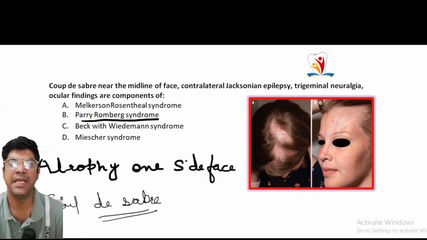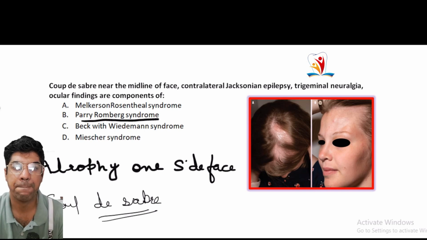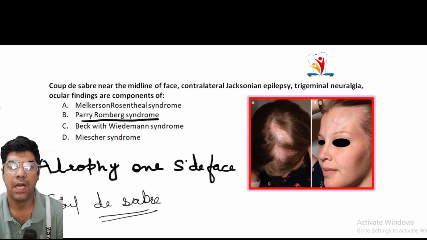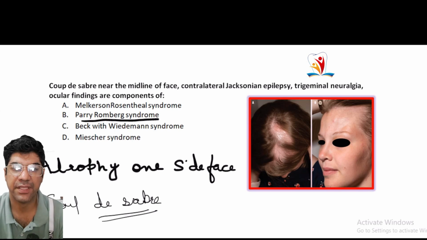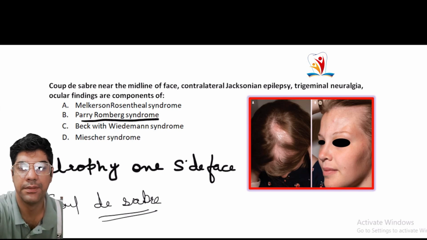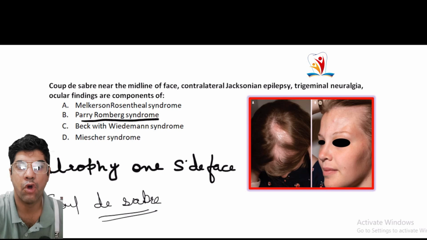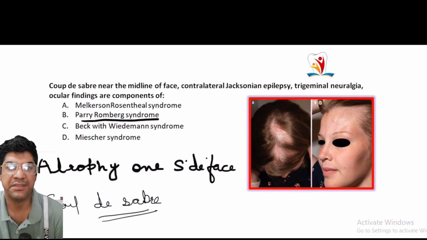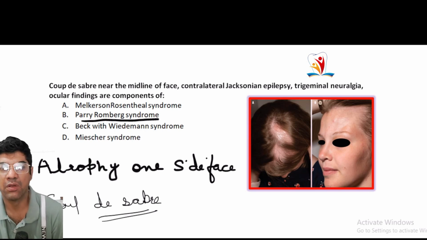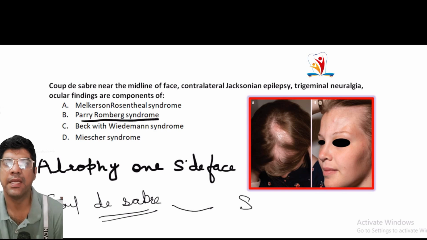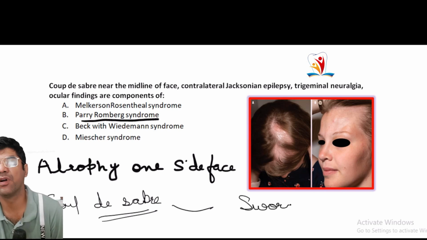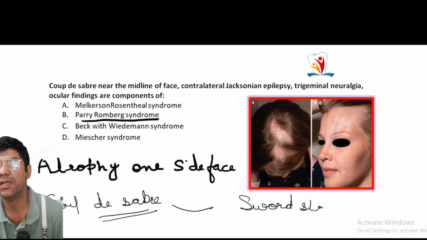That means there is a linear depression lesion near the midline of the face. Coup de sabre means there is a linear or vertical depression or lesion on the skin of the face or forehead. That may give the appearance of a sword strike.